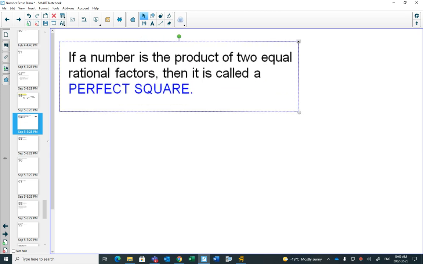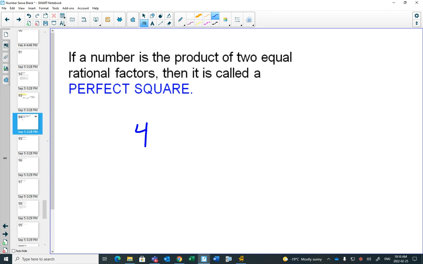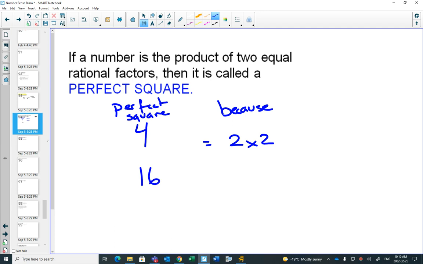We call a number which is the product of two equal numbers a perfect square. So for example, 4 is a perfect square, because it's equal to 2 times 2. 16 is a perfect square. Why?